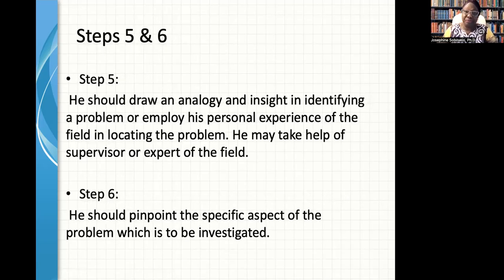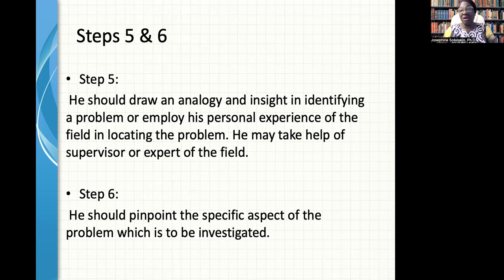Step 5, the researcher should draw an analogy, an insight in identifying a problem, or employ his personal experience of the field in locating a problem. He may take help of supervisor or any other expert in that field. And step 6, the researcher should pinpoint the specific aspect of the problem which is to be investigated.